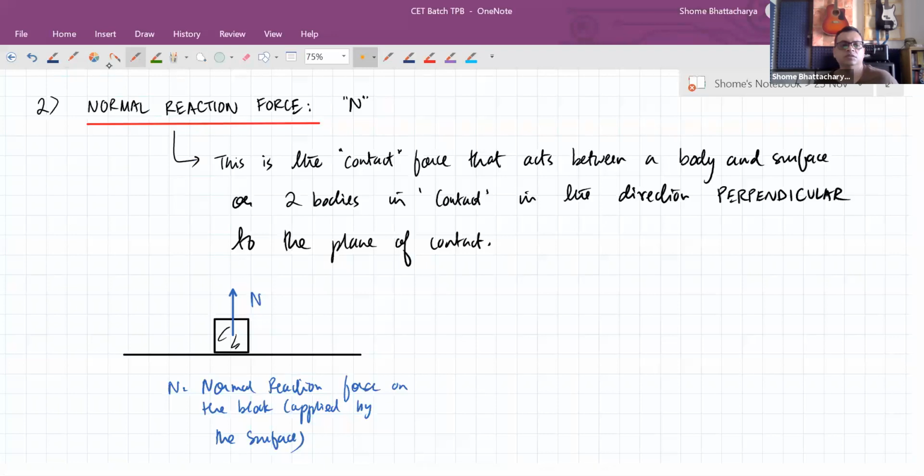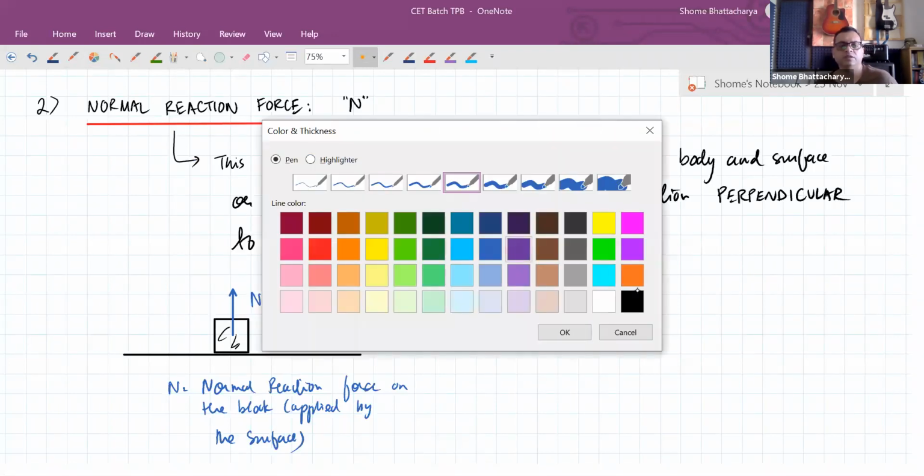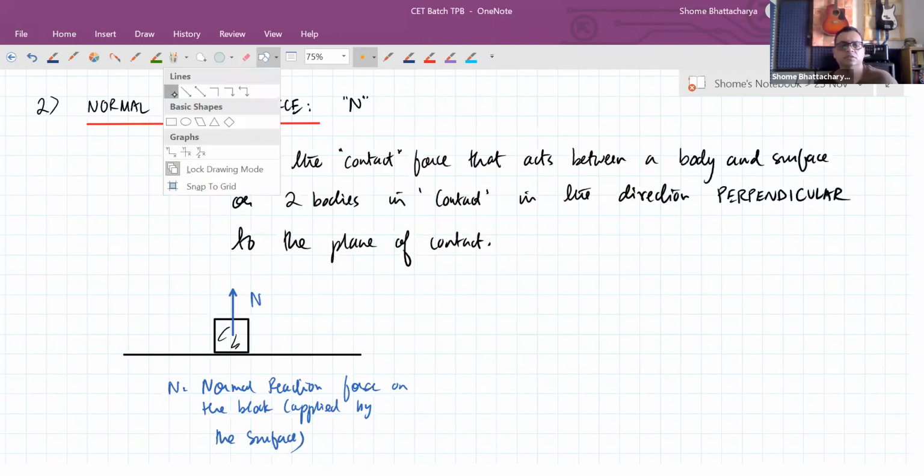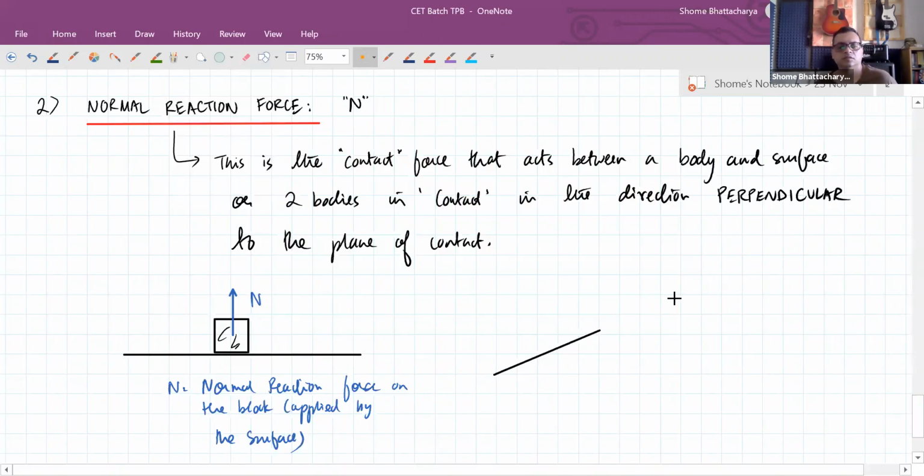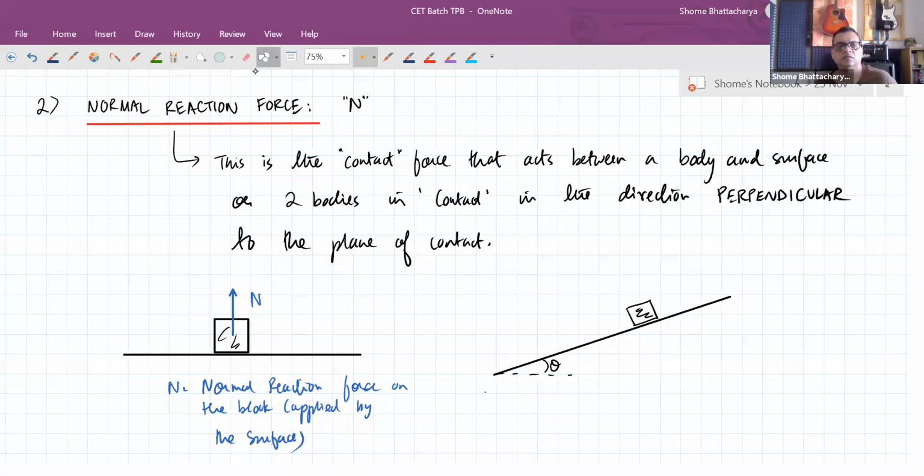Now, similarly, if we look at an example where the object is lying on an inclined surface instead of a horizontal surface, we have an object like a block, or it could even be an object like a cylinder or a sphere or whatever.